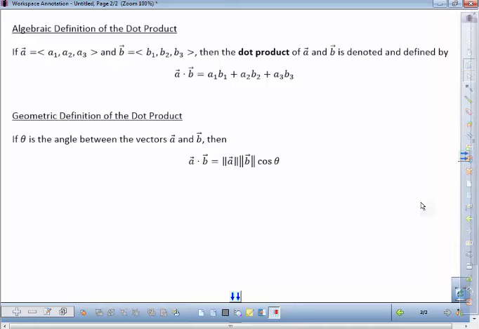Now that's an interesting approach to the dot product, because clearly your result is now a scalar. And you can see that when you take the components, which are scalars, you multiply them together, they're going to be scalars, and then you add 3 of them, then they're still going to be scalars.